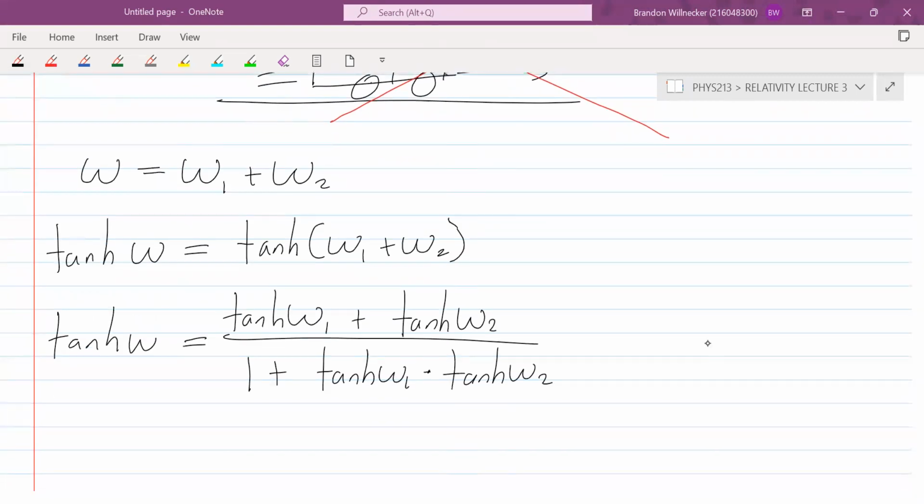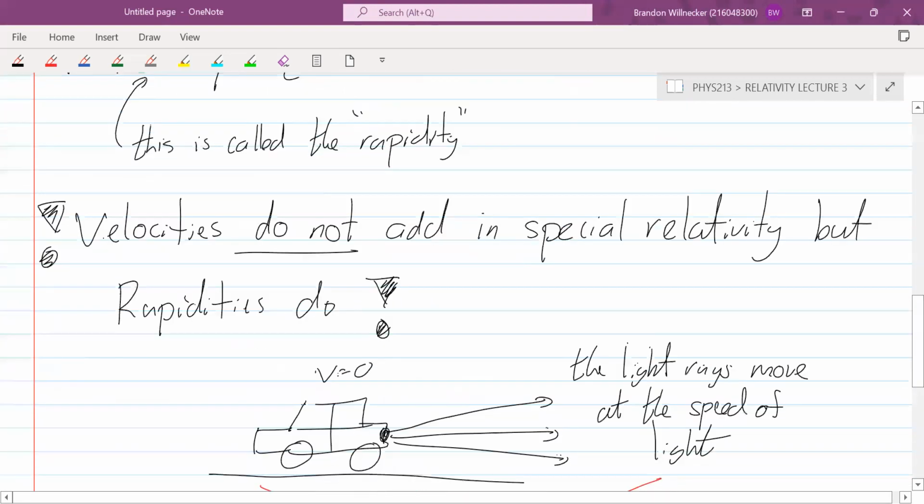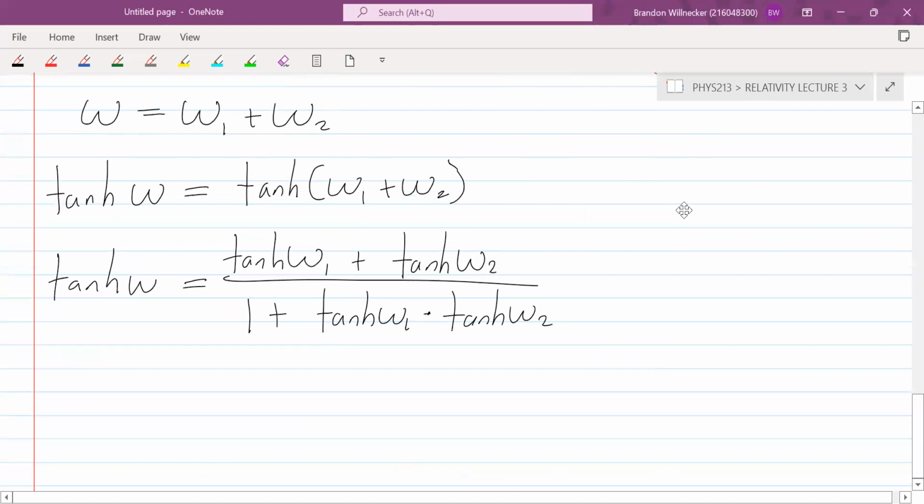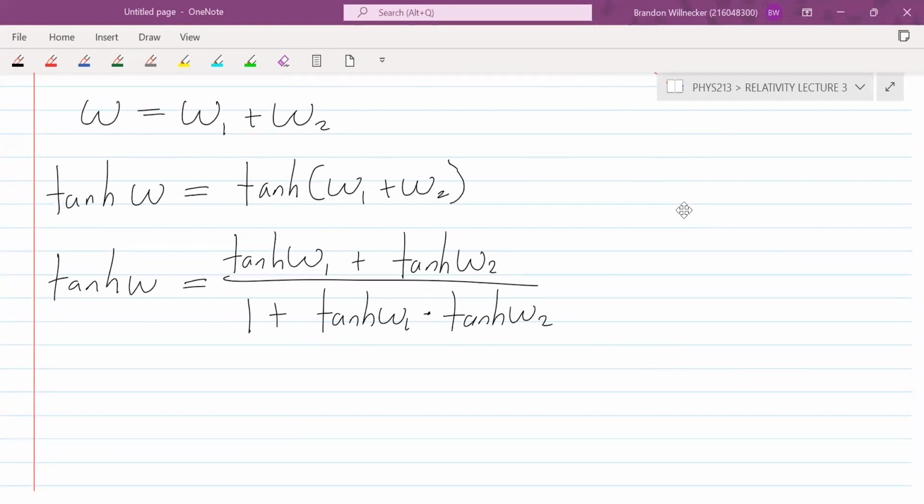Okay, so this gives us our conversion formula, if you want to think of it like that. Now, tanh of omega, that is v over c. So think of that as your final velocity after addition.